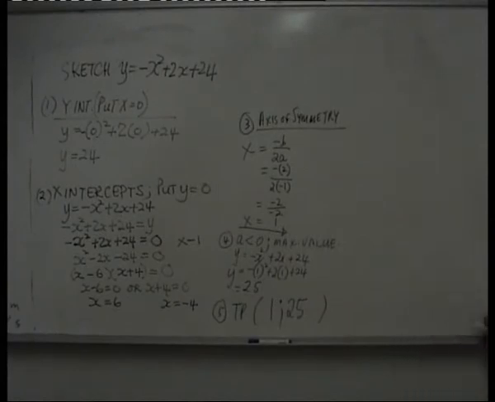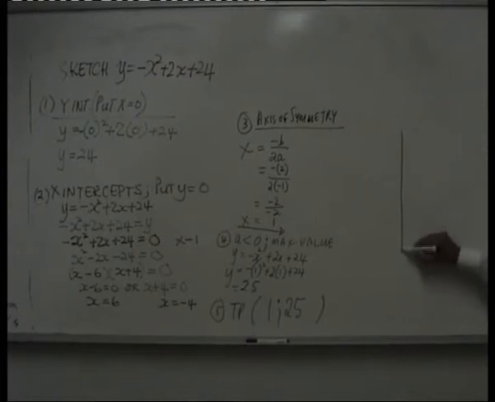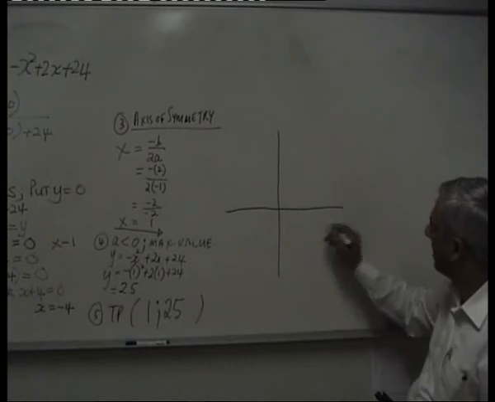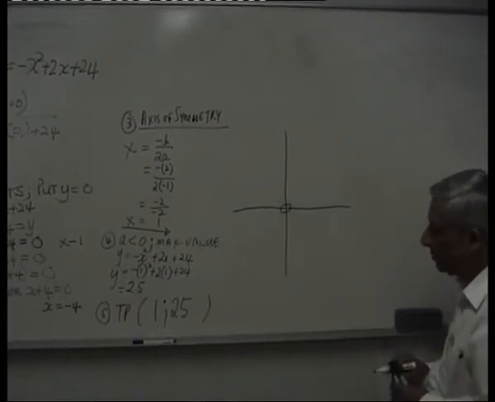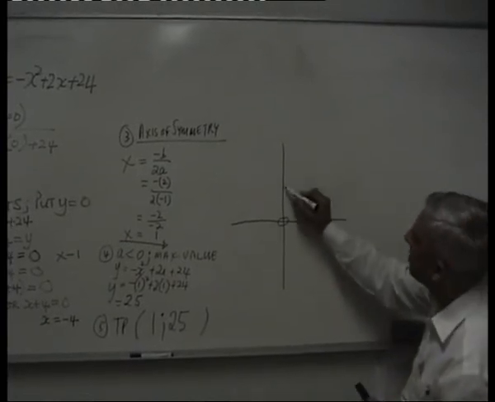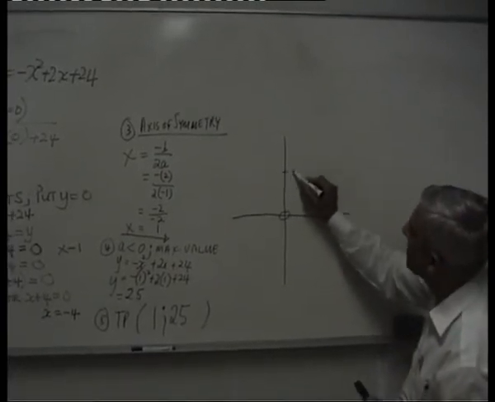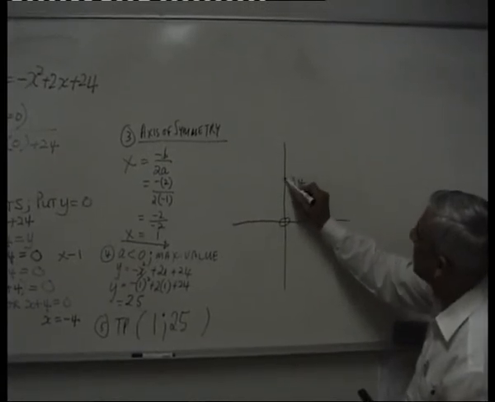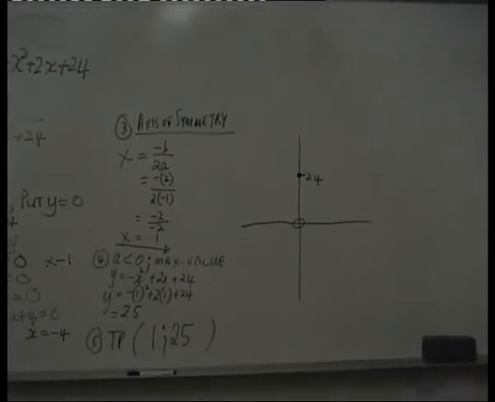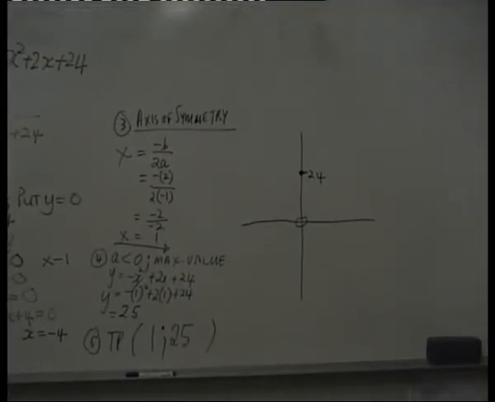Okay, we are now ready to draw the graph. Once again, it's going to be a rough sketch. It's just a rough sketch. You don't have to be accurate, right? Let us see. The y-intercept is 24. So let's say 24 is here. So you put a dot on 24. The y-intercept is 24. Now the x-intercepts are 6 and minus 4.